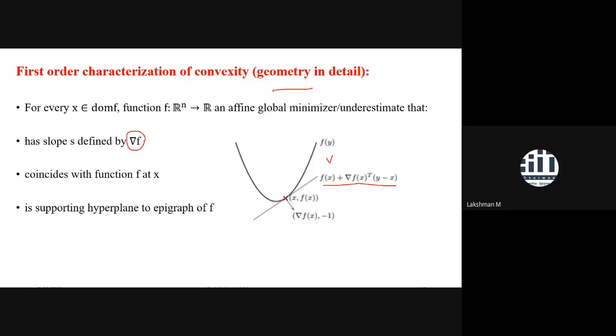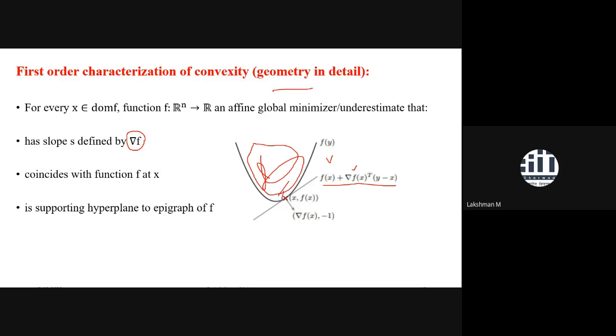We had already discussed the supporting hyperplane. We can observe that this tangent hyperplane supports the epigraph. The epigraph is the region on and above the graph. So the tangent hyperplane is supporting the epigraph at point x, where you are finding the gradient.